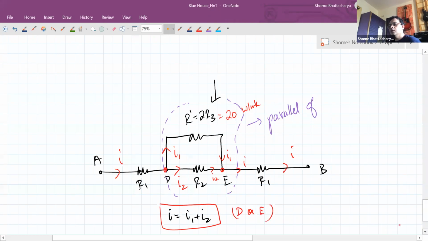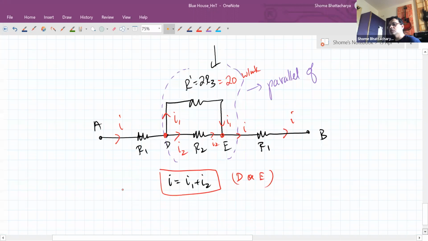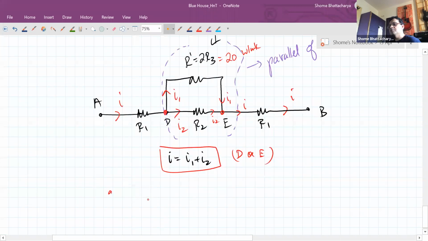Now across the resistor R prime, the equation is that I1 is equal to TD minus TE divided by R prime.